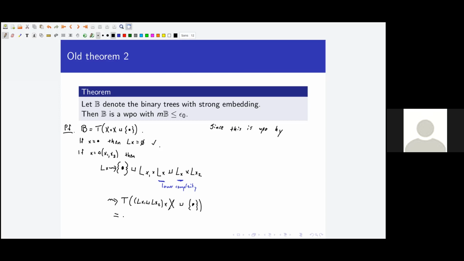We already know this is Higman ordering, or isomorphic to it. These things are by induction both well partial orders. We know we can construct a new one with the disjoint union and the Higman ordering too. And this is well partial ordered by Higman's lemma, the previous slide. So LX is well partial ordered.